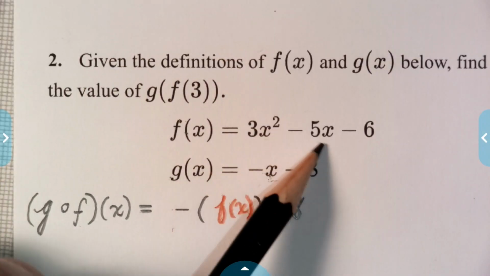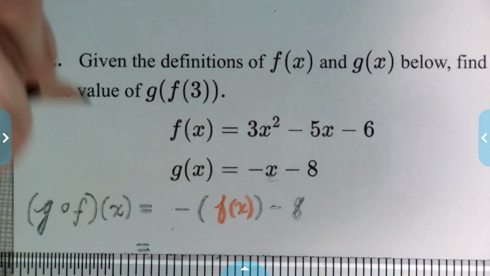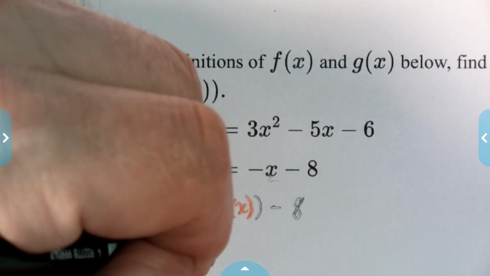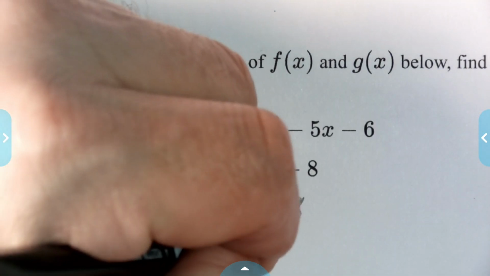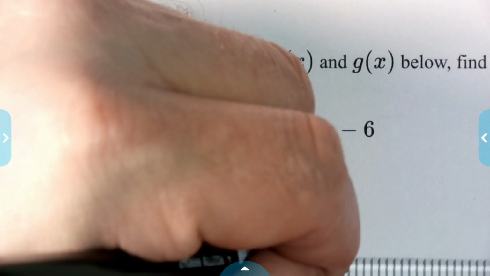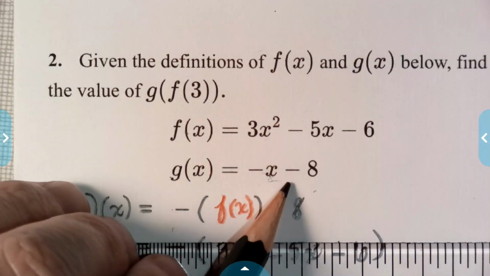Whatever that is, okay? So that's what I'm sticking in that space. Well, f of x is 3x squared minus 5x minus 6. So we will put new equal signs, negative, open parentheses. And this time I'm going to write 3x squared minus 5x minus 6. And then at the end of that, we have to remember to put minus 8 because that's part of the original function.